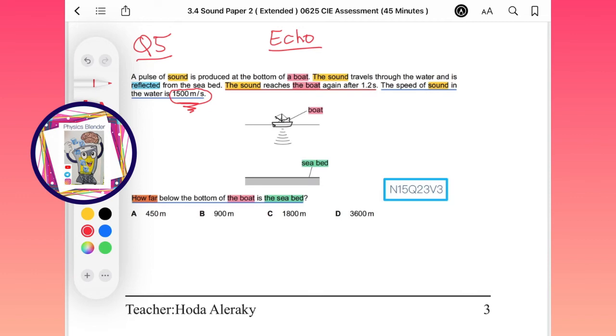So you would like now to apply the equation we usually use for calculating echo time and the situation of reflection of sound in general. What is this equation?